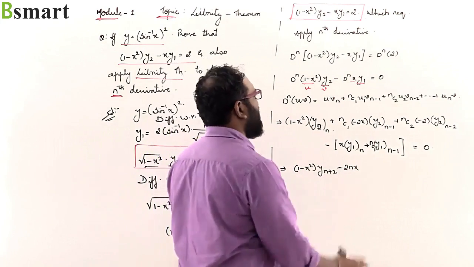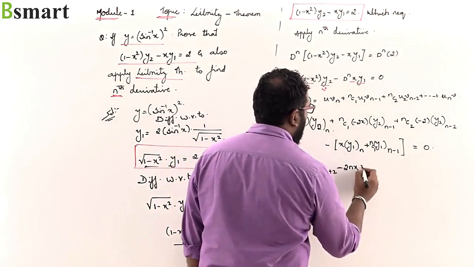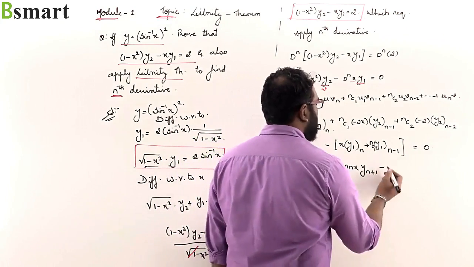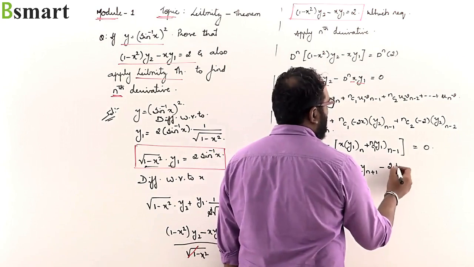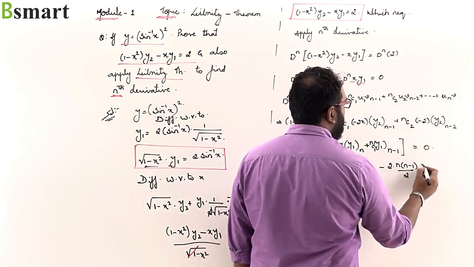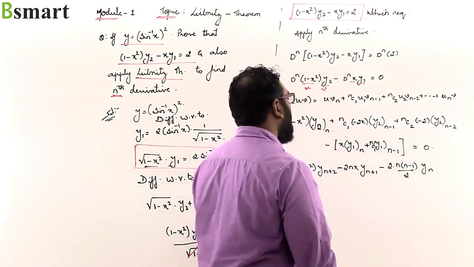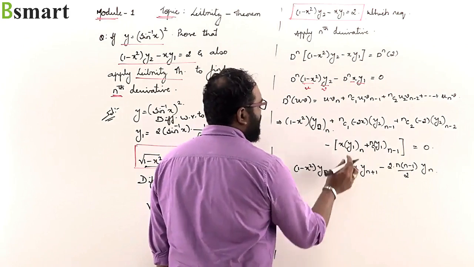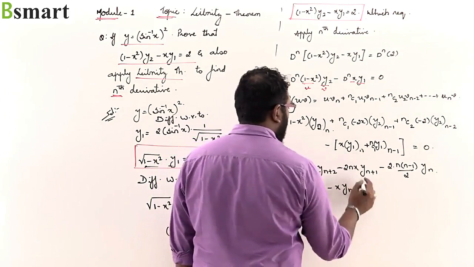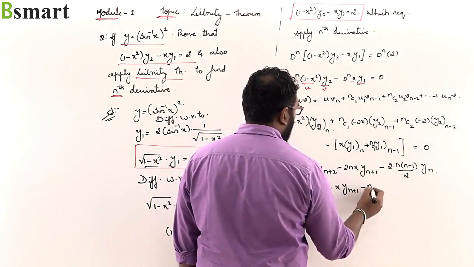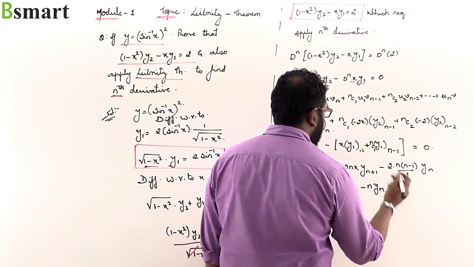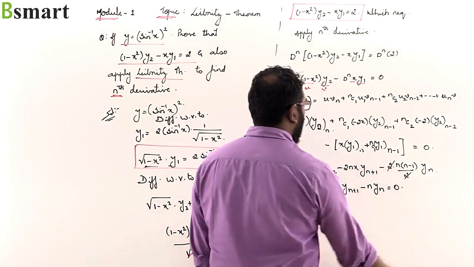So 2nx into y2 of n minus 1 can be written as y n plus 1, and again minus 2 into nc2, n into n minus 1 by 2, into y2 of n minus 2 is again yn, and minus x into y1 of n, that is y n plus 1, minus nc1, that is n, into y1 of n minus 1, that is yn, is equal to 0. So here 2 and 2 will get cancelled.